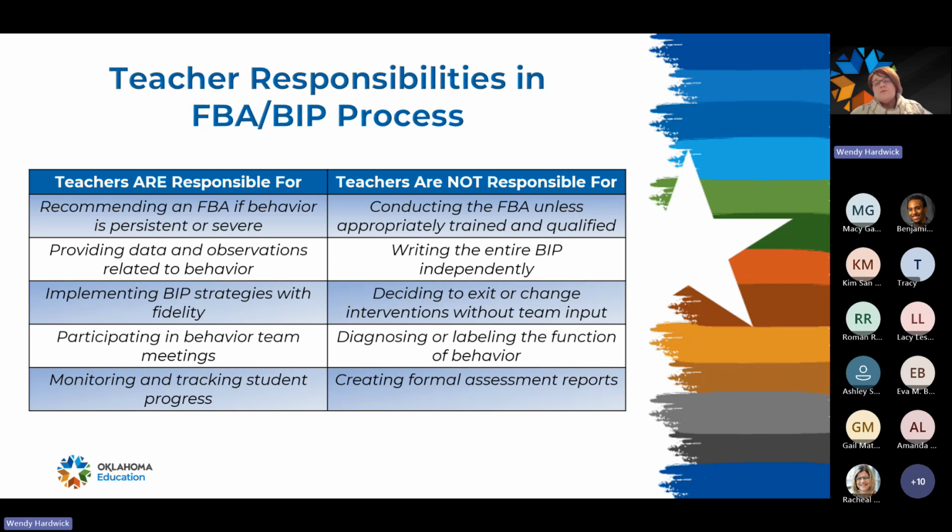We're responsible for providing data and observations related to that behavior. We're responsible for implementing the BIP strategies with fidelity. We're responsible for participating in behavior team meetings and for monitoring and tracking student progress.